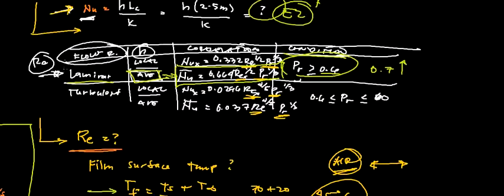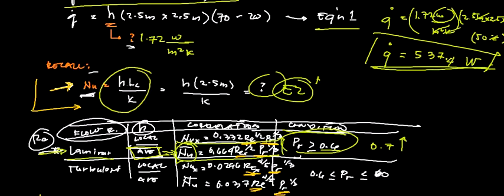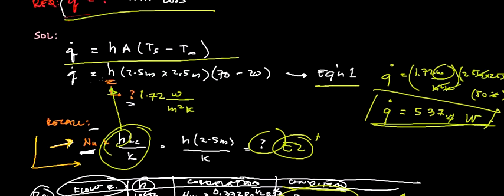Okay, and then if we already know our flow regime, we can now use this correlation. Having this correlation, we can now have the value of our Nu and use this formula to find h. Then after finding h, we go back to our equation 1 to finally find our heat loss.